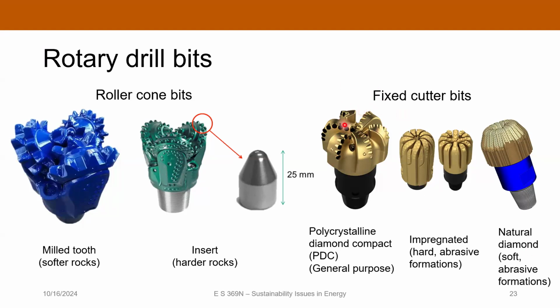So you can use a PDC bit, you can use a diamond impregnated bit, or you can use a natural diamond bit, again, depending on what the characteristics of your formation are. If you're drilling a very deep well where you're going into crystalline rocks, like in an enhanced geothermal project, you're probably going to be using a PDC bit because those are the best for those types of rocks.